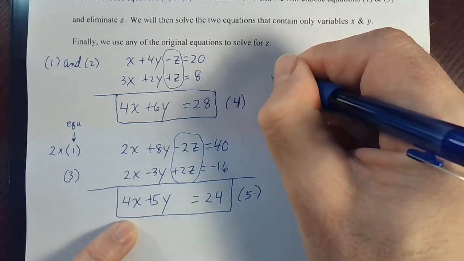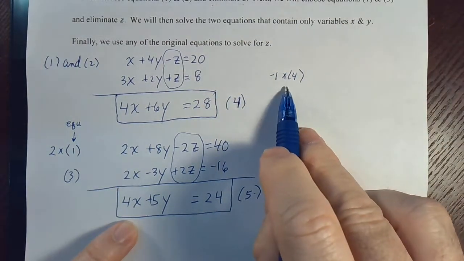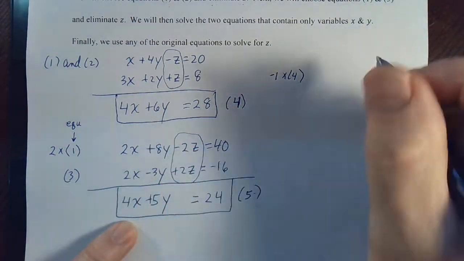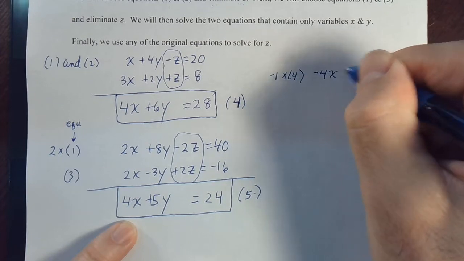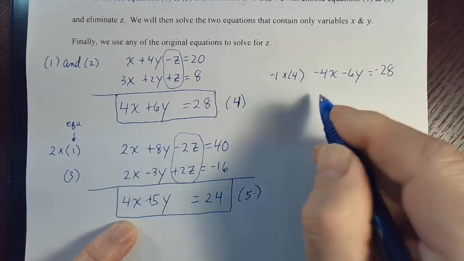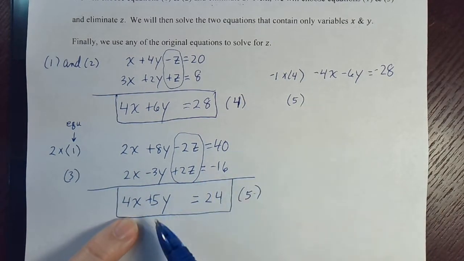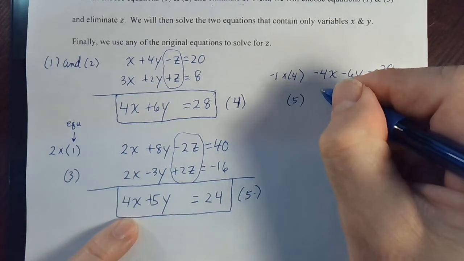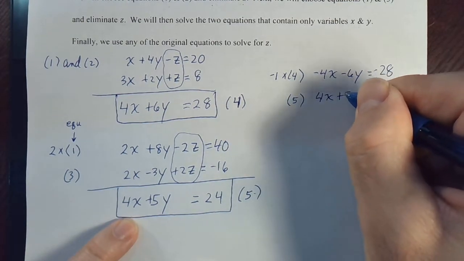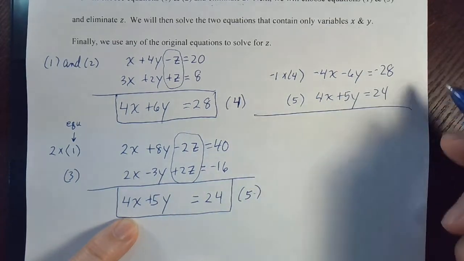I will say negative 1 times equation number 4, which would be negative 4x minus 6y equals negative 28. And underneath it, I'm going to write equation 5, which has 4x plus 5y equals 24.